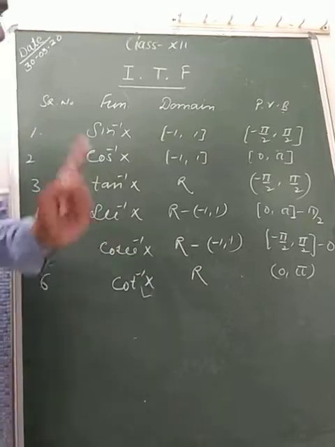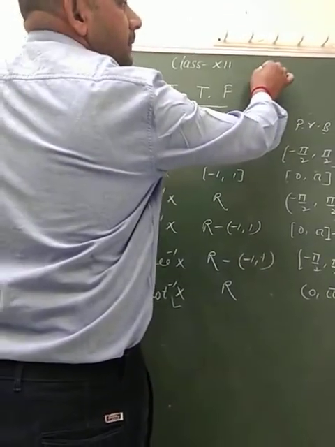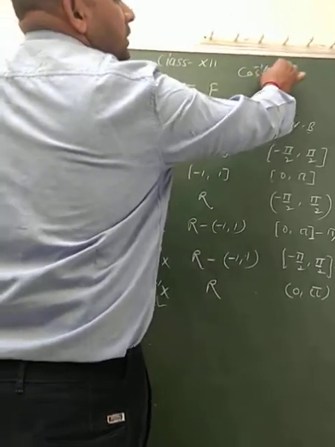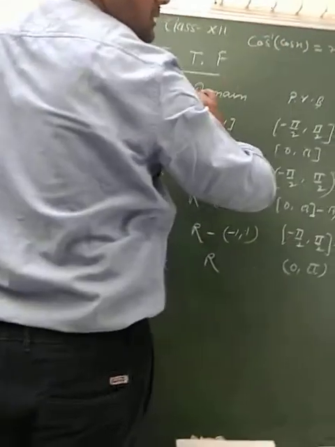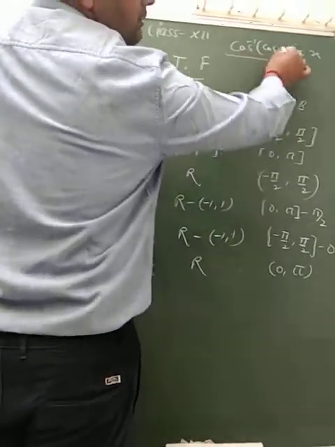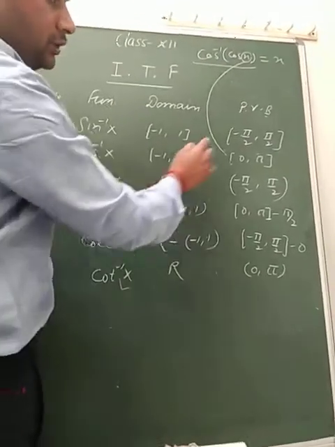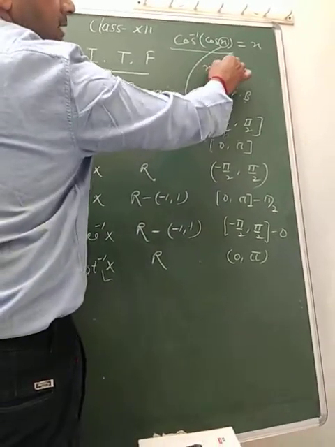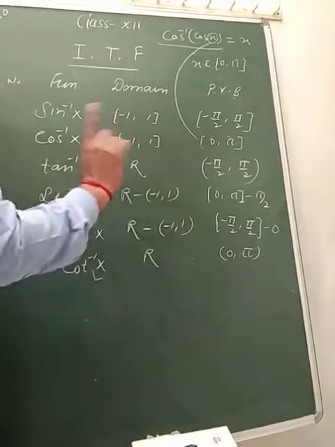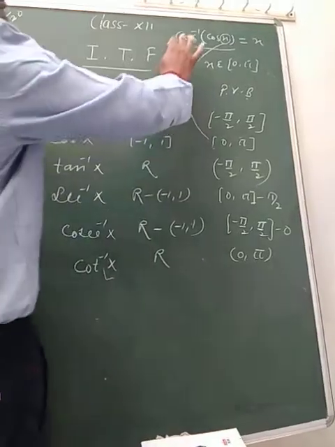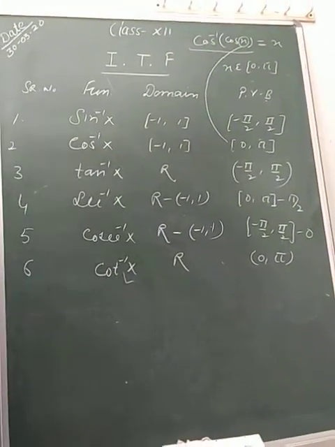The main role of the principal value branch is this: if we write cos inverse of cos x is equal to x, it is possible only when x belongs to 0 to pi, otherwise we cannot cancel cos inverse of cos x. Okay.